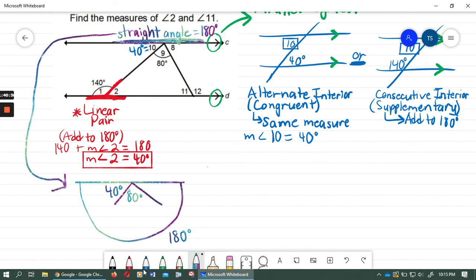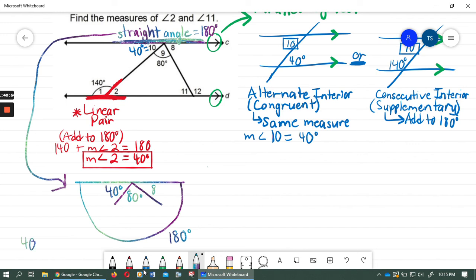If we write that out, 40 degrees plus 80 degrees plus another angle has to equal 180 degrees all together, right?